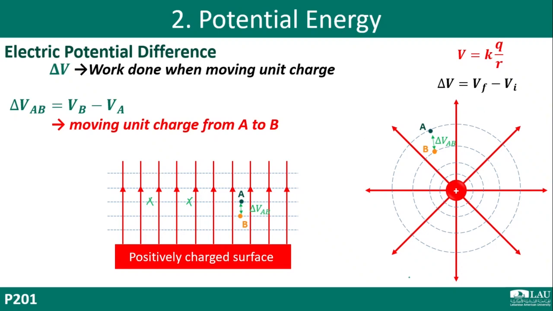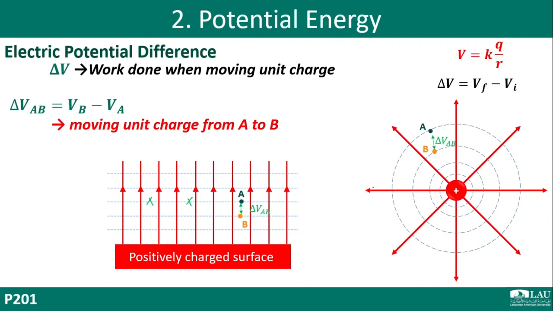Now for the pointed charge, or when we have something similar to a sphere, in this case the shape of our charge is a sphere or a point. So that's why the equipotential lines should have the same shape and be parallel to the surface.